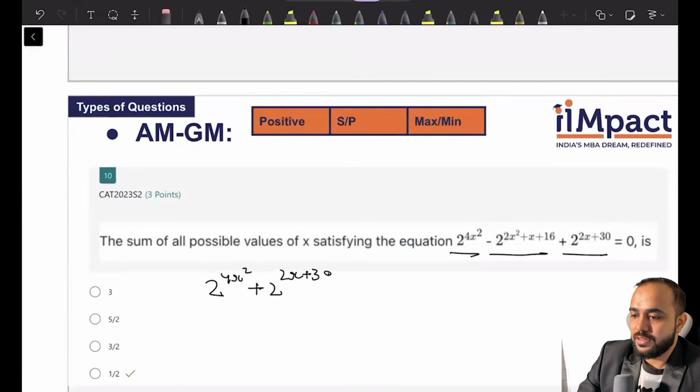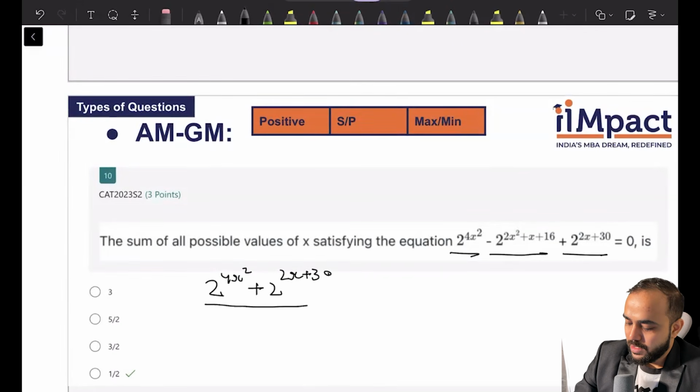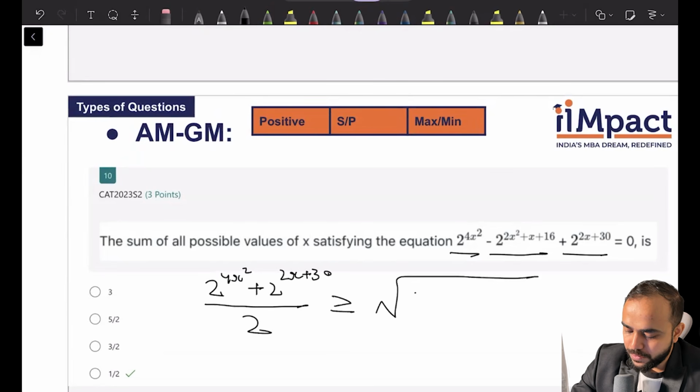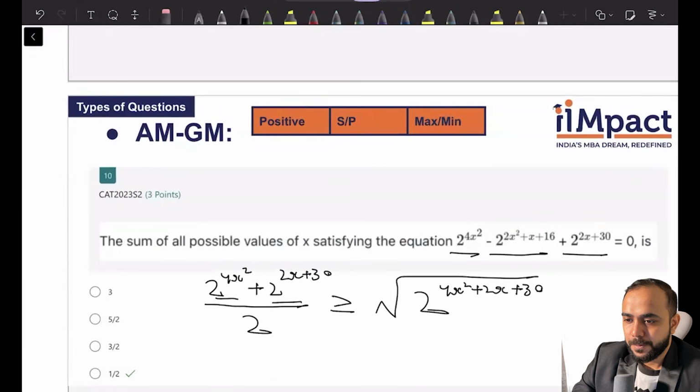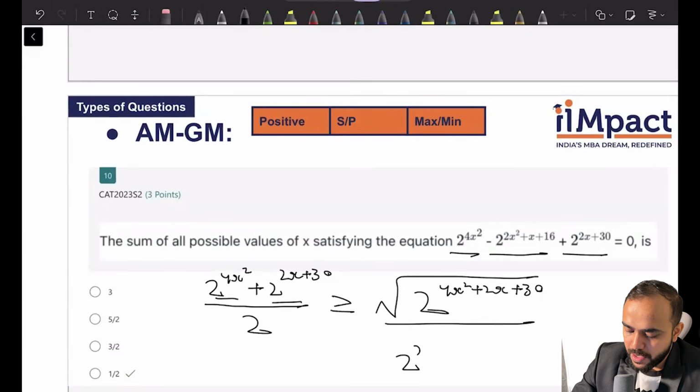Let me separate this. These two are positive, correct? 2 to the power anything and 2 to the power anything. This is positive. This would be greater than or equal to the square root of this into this, which is 4x square plus 2x plus 30. Correct? Which you can write as 2 to the power 2x square plus x plus 15.